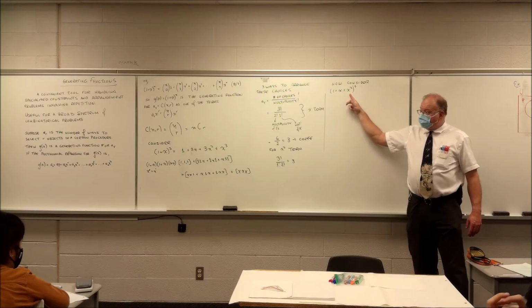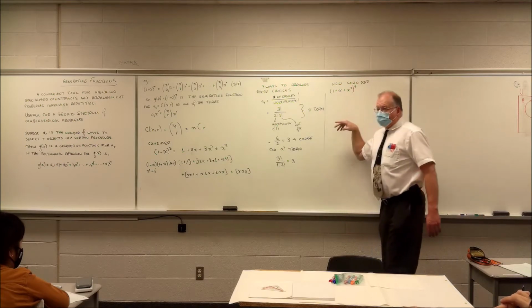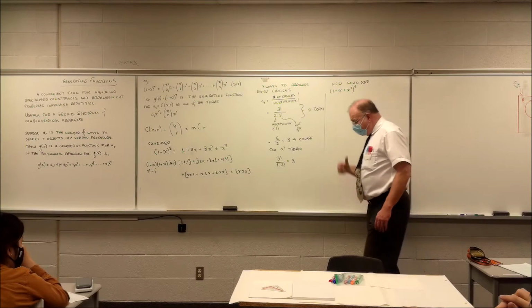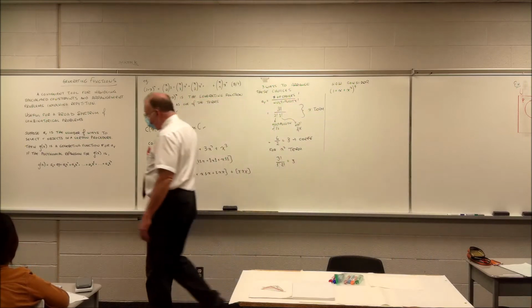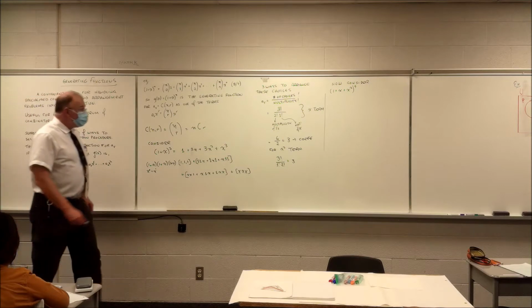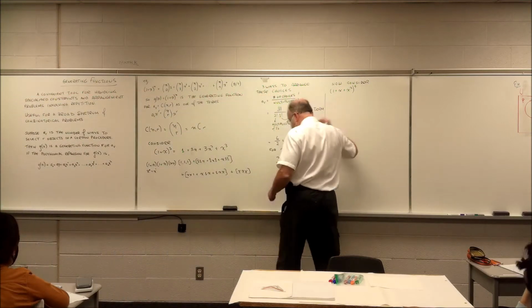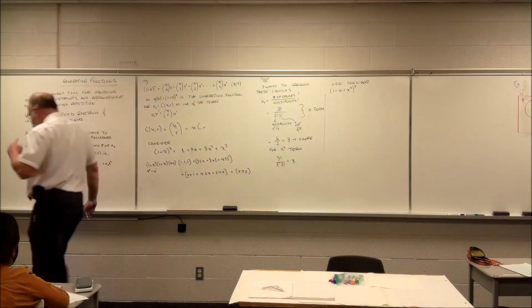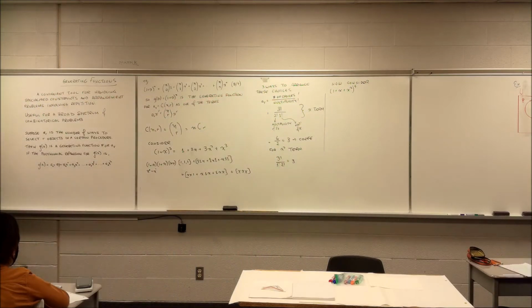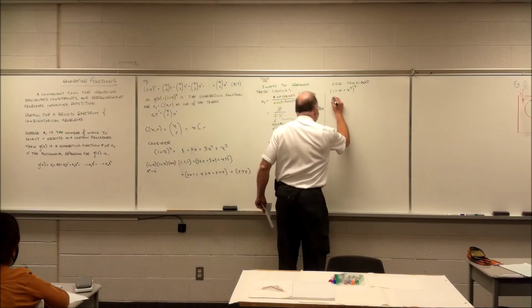Okay, this is not something you've done a lot of. I didn't do the multinomial theorem in the previous section. We didn't do much with it anyway, but let me show you how we apply it for this one. This is to the 4th power, so we're going to have 4 choices.